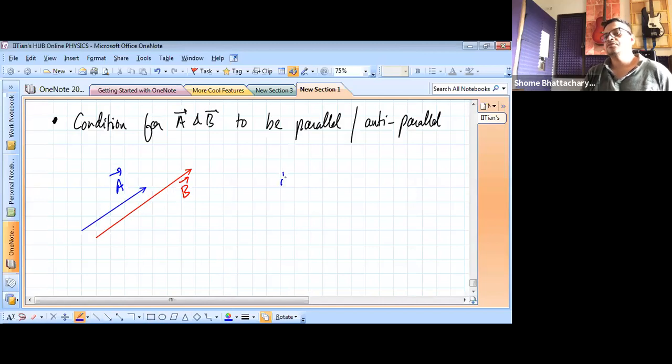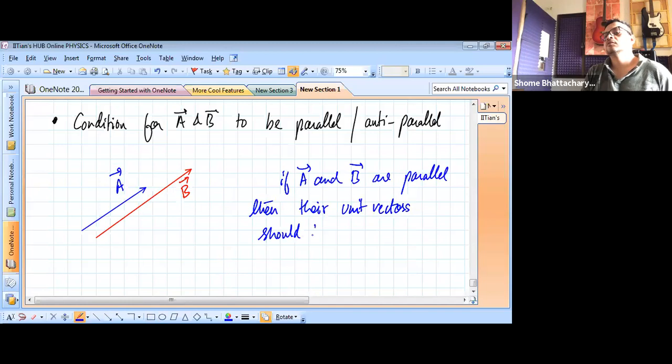Then if A and B are parallel, their unit vectors should be the same, or in other words identical. What do we mean by this?